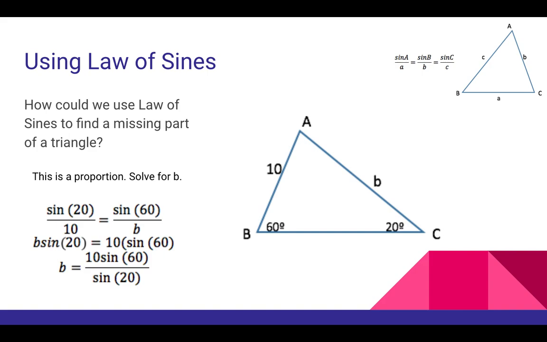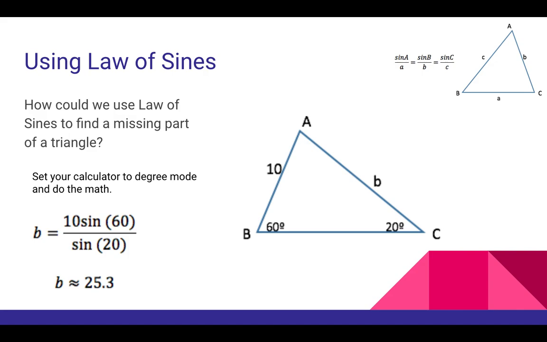Then because sine 20 is just a weird decimal that I don't want to deal with right now, I'm going to divide both sides by sine 20, and I get this thing. Little b is 10 times the sine of 60 divided by the sine of 20. If I now put this into the calculator, making sure I'm in degree mode, and just do the math, I get that little b is approximately 25.3, whatever units.